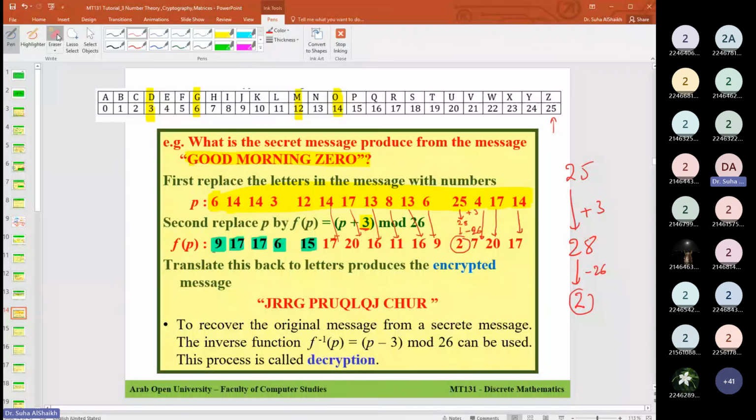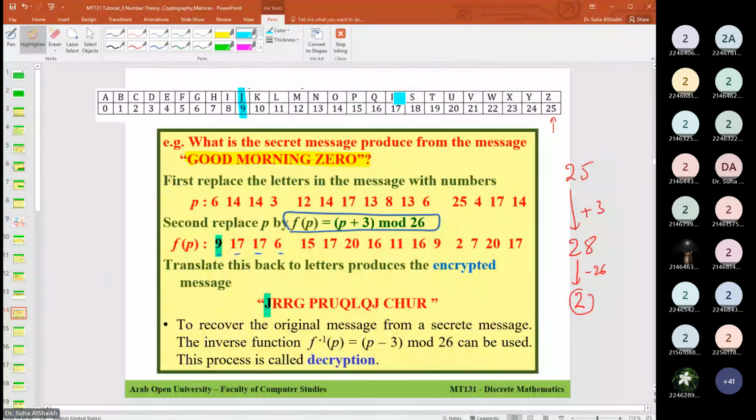So the first step, we change each letter into a digit. The second step, راح أسوي apply للfunction. الfunction هنا is plus 3. So this will give me a new numbers. الحين now convert the numbers back into letters from the table. الحين أرجع للتable مرة ثانية وأشوف ال 9 إيش اللي قدامها؟ J. ال 17 is R. The 6 is a G, and so on.